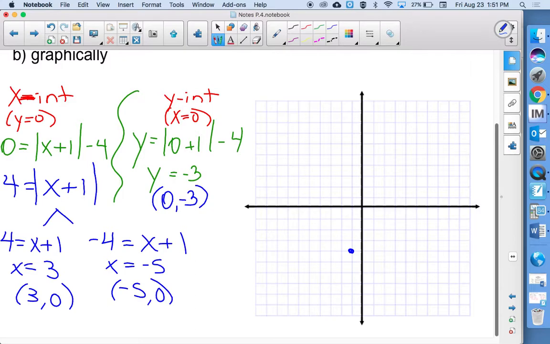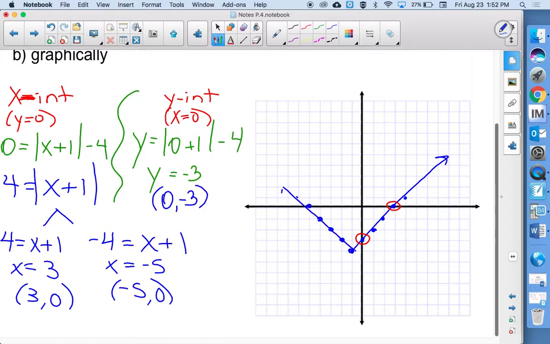If I go right 1, the absolute value of 1 is 1. Right 2, absolute value of 2 is 2, and so on. So first intercept, here's my y at 0, -3. Here's my x at 3, 0. And then if I move the other direction, absolute value of -1 is 1, absolute value of -2 is 2.